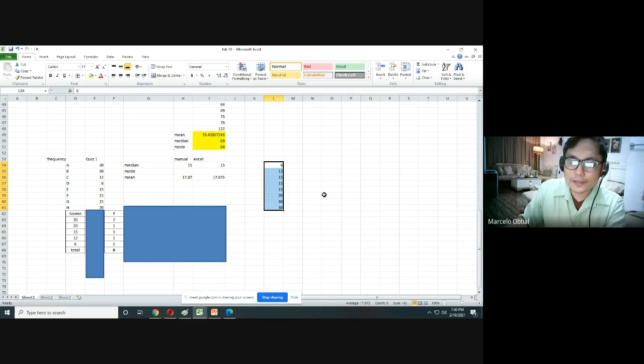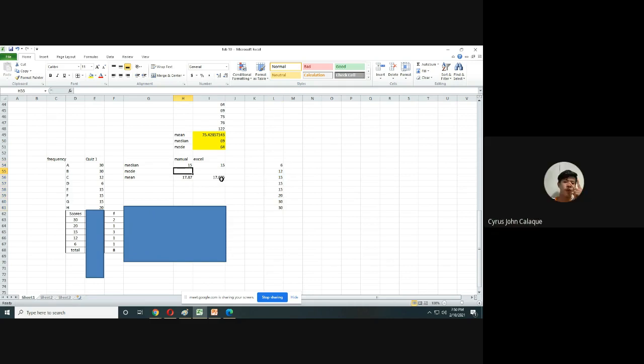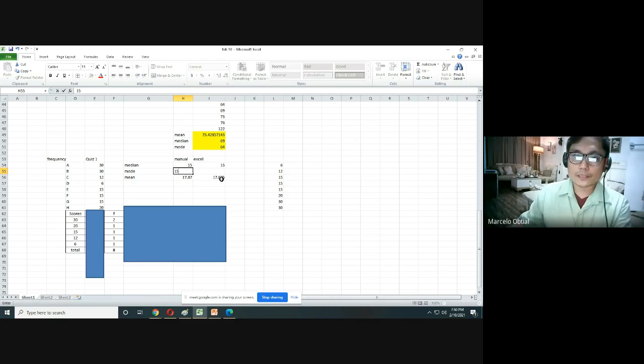Tapos even siya, so nasa 5th at saka 6th, tama ba? So 15 plus 15 divide by 2 will give us 15 also. Very good. Okay, next. How about mode? 15 pa rin, sir. Okay, 15 pa rin. That's manual, no?